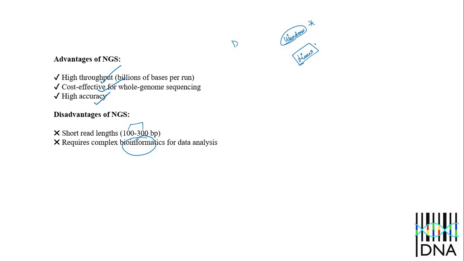If you have Linux on your PC, then it's okay. If you have Windows, then you first create a subsystem of Linux, then you interpret this data. How this process is performed, we will discuss in our incoming session. This is the drawback of NGS.